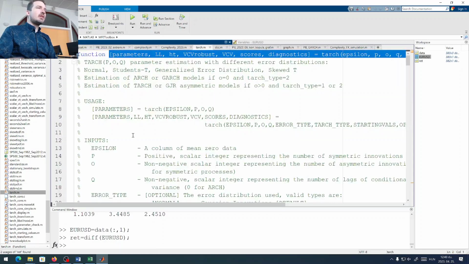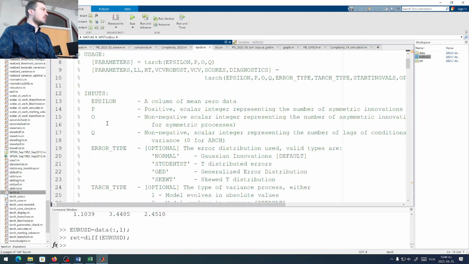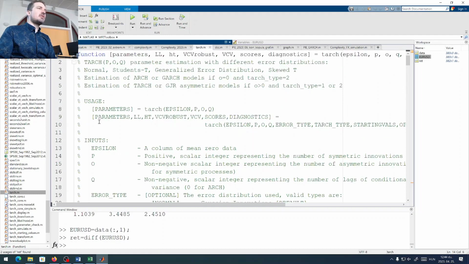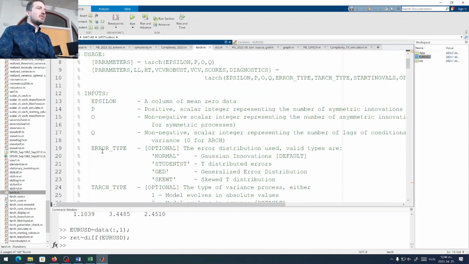If I have no idea what the inputs and outputs are, practically the first part of the function is described: the first line is the function, but after that it describes what the inputs are, P, O, Q, values, error type, and so on.